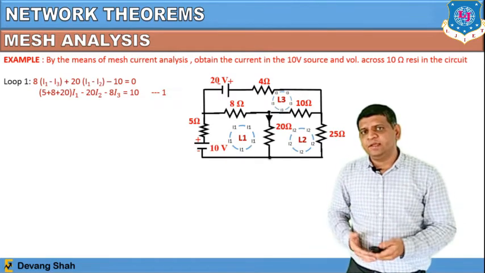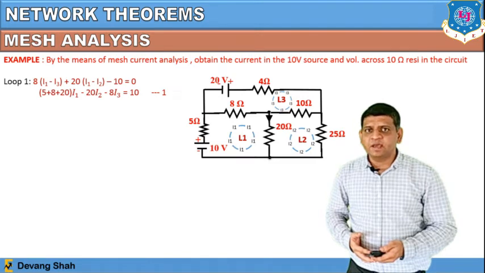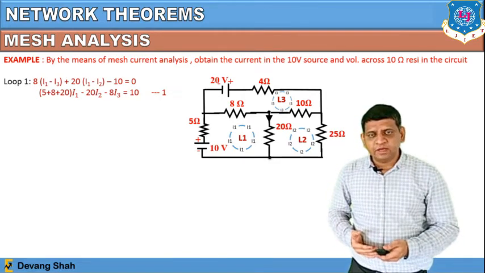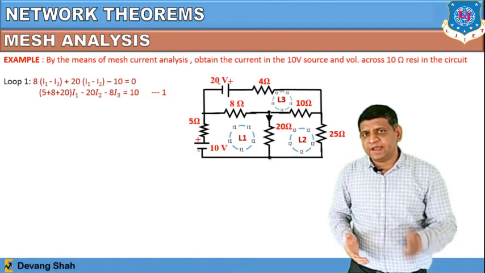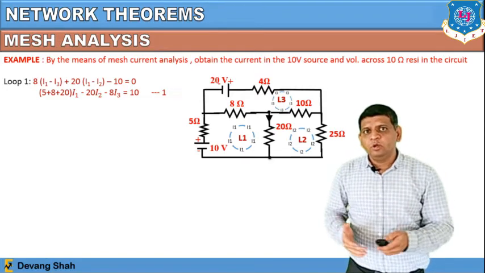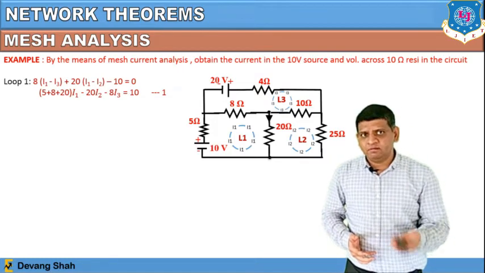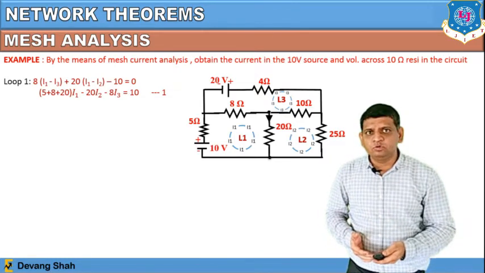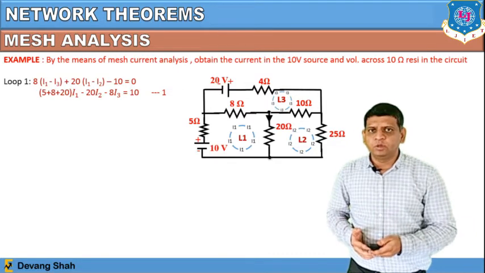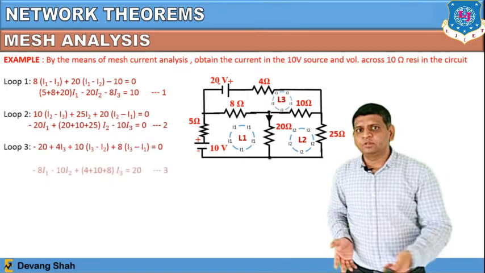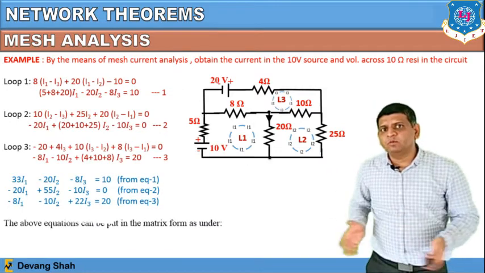So you can see here 8 in bracket I1 minus I3, plus 20, where I1 current is flowing through 20 and I2 current is in the opposite direction. So plus 20 in bracket I1 minus I2, minus 10, right? The first sign is a minus 10, is equal to 0. So that's loop number 1. Now the same analysis you can apply for loop number 2 and loop number 3, and you will be able to find the complete equations in that form.